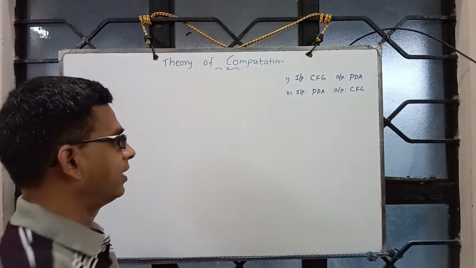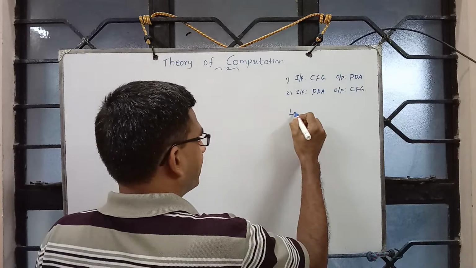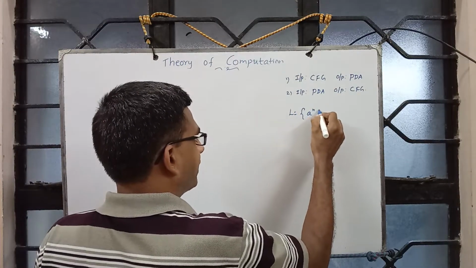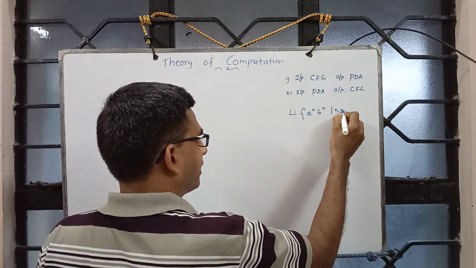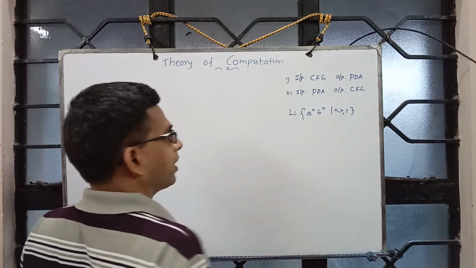For example, take the language a power n, b power n, where n is greater than or equal to 1.